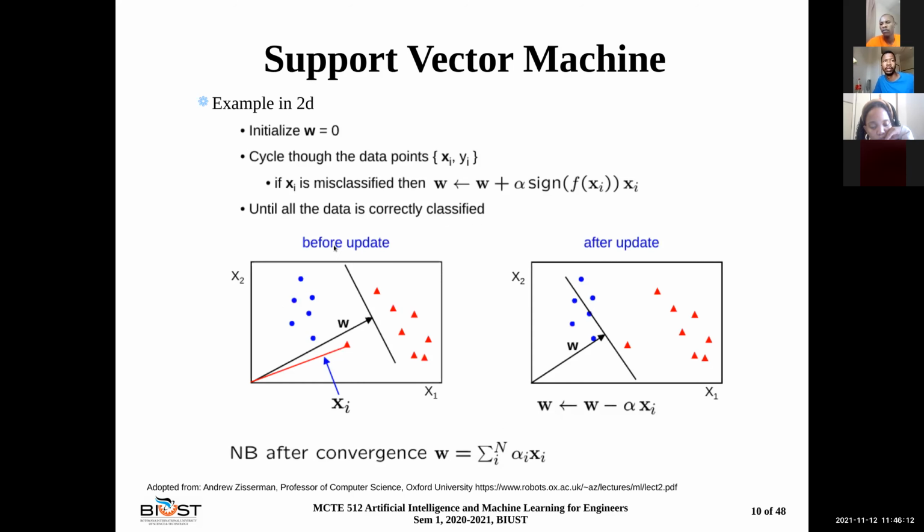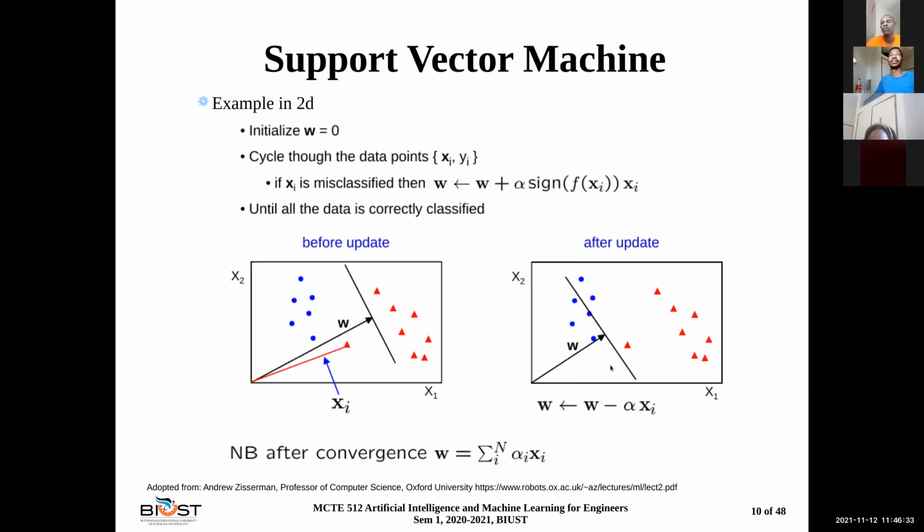The same thing here. Before you update, everything is classified correctly. Suddenly, when you update here, there is a misclassification, so you will adjust. Then with the next adjustment your line will be here, but when you run over here, there's again another misclassification.